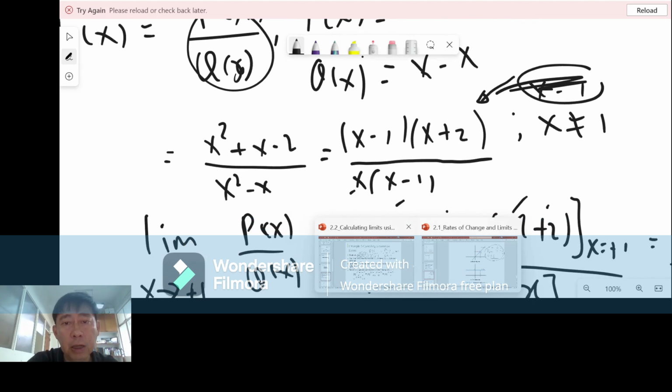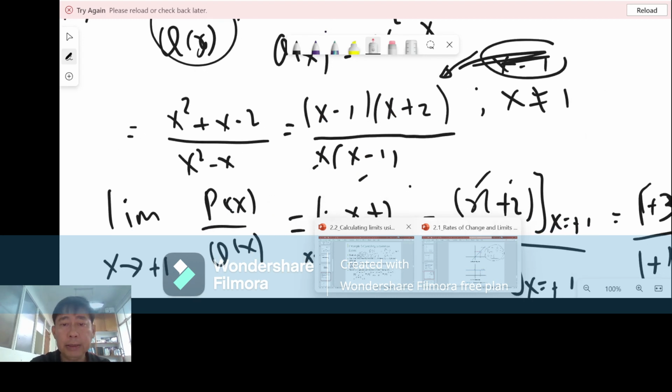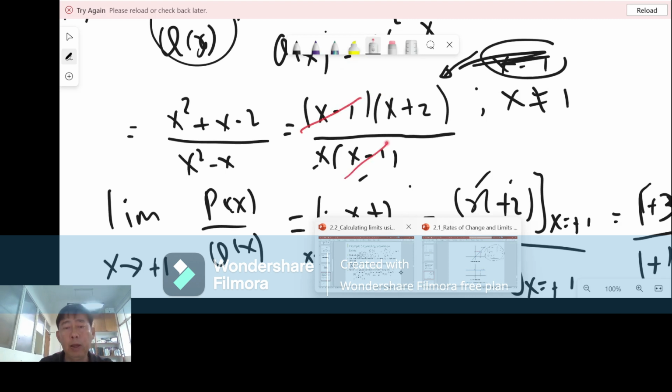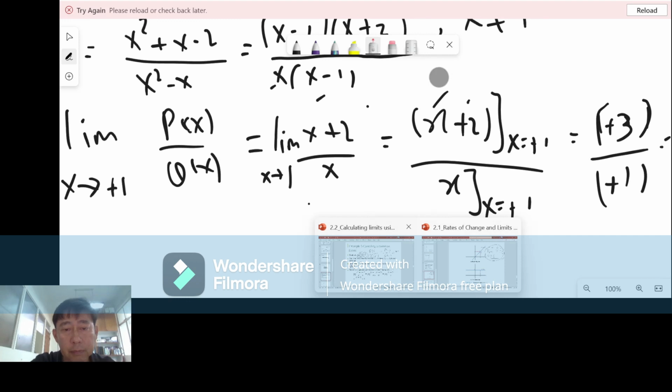You have to first make sure that you expand the quadratic functions into the product of their individual factors. Then, realizing that x is never equal to 1 in the domain of the function h, you cancel off x minus 1, like x minus 1, they cancel off. Then you are left with this. So you can then substitute the value of x equals 1 into the expression of p over q, which is now reduced to x plus 2 over x.